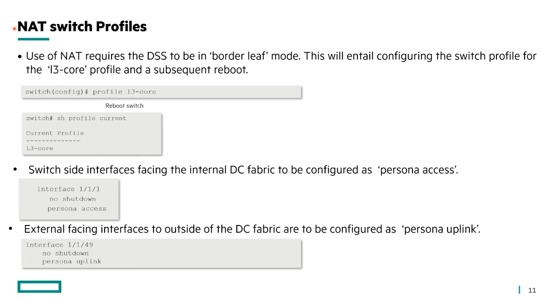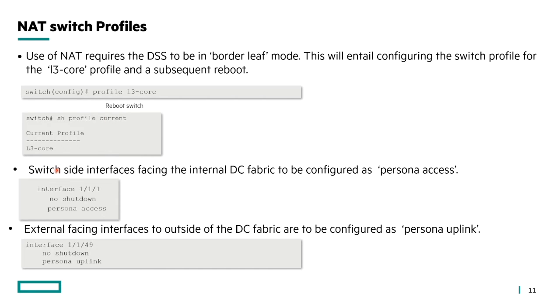NAT switch profile. The use of NAT requires the DSS, that is the distributed services switch, the 10K, to be in border leaf mode. This means that you need to configure the switch profile from its default to layer 3-core. So from the config editor, profile, layer 3-core, obviously save your configuration, and then show profile current after a reboot, and it should come up layer 3 core.